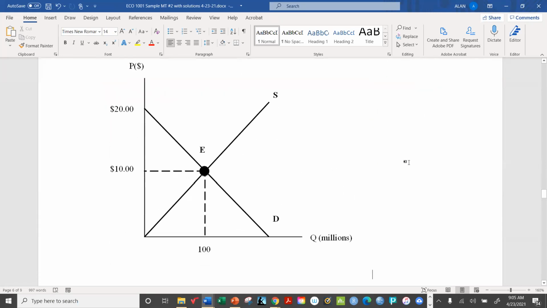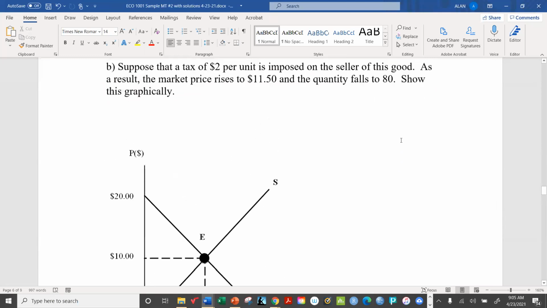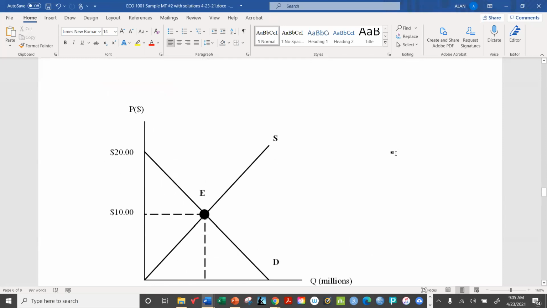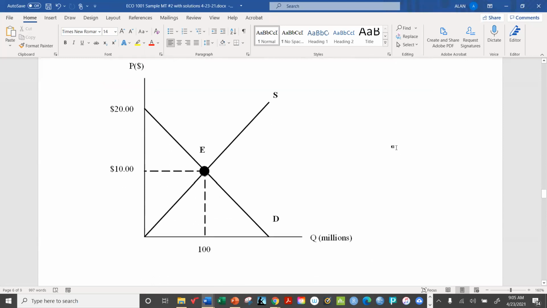Now, of course, this is a graph. Nobody is expecting you to be a graphic designer or an engineering drawing specialist. Just do what you can. It's supposed to rise to 11.50 and have a quantity of 80. So that would be roughly right around here. The only thing is try to make it parallel with the original supply curve.